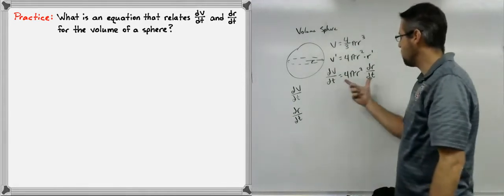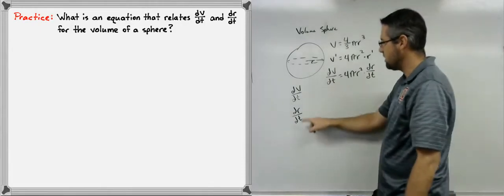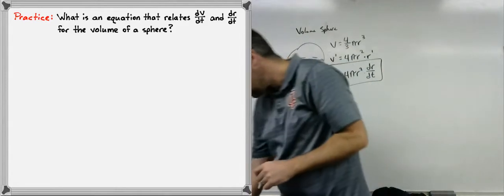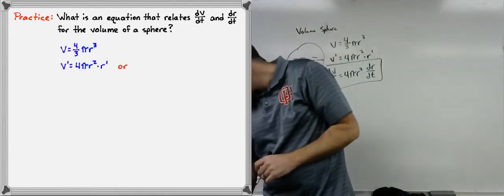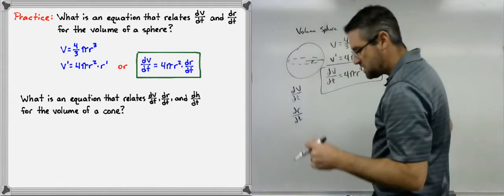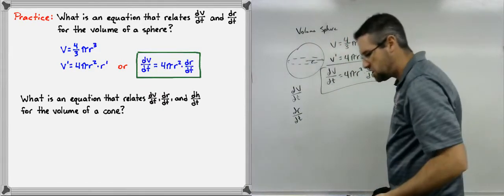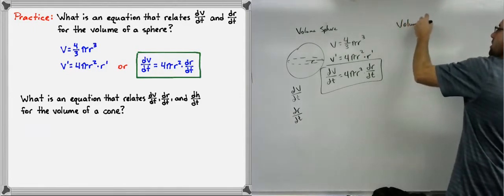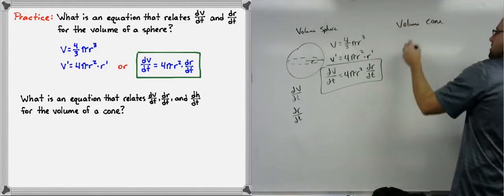But here is an equation that relates dv dt to dr dt. So that's pretty straightforward. All right, with that said, let's go ahead and look at one more example. It says relate dv dt, dr dt, and dh dt to the volume of a cone. Volume of a cone. Well, what's a cone?